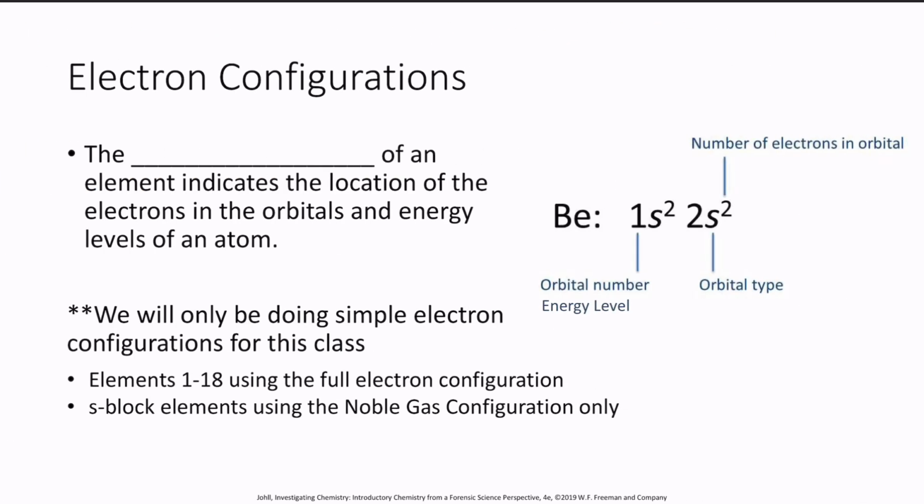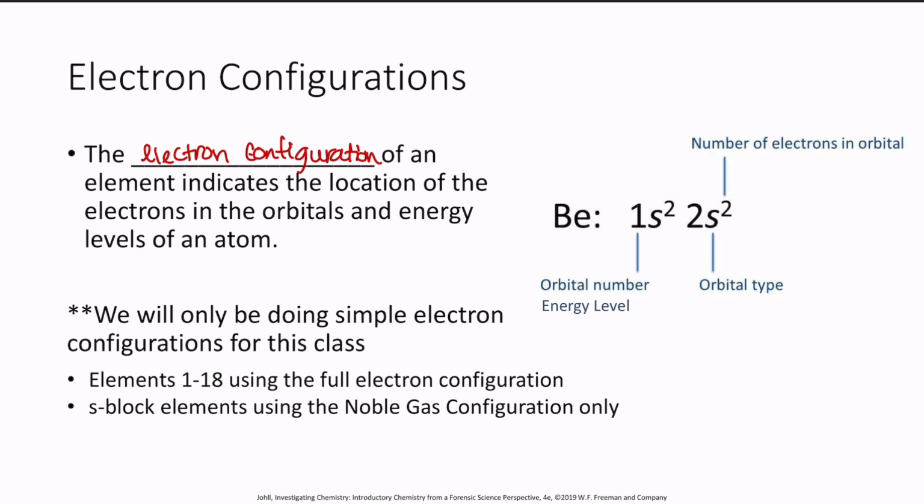Now, the electron configuration of an element is a way to show where those electrons are hanging out, which orbitals those electrons are in. If we look at the electrons in beryllium, Be, beryllium has an atomic number of 4, so there are 4 protons. It is charge neutral, so how many electrons does it have to have?